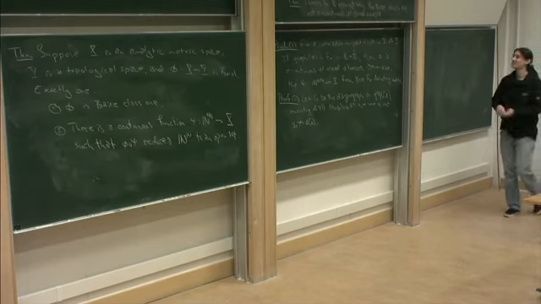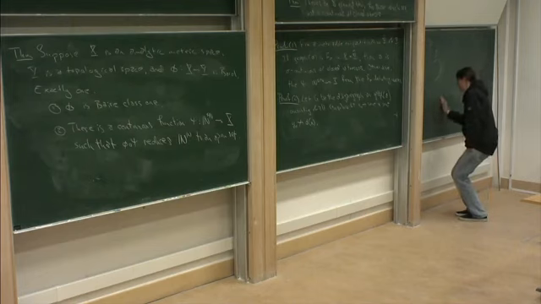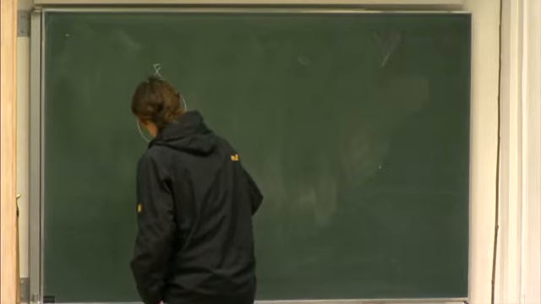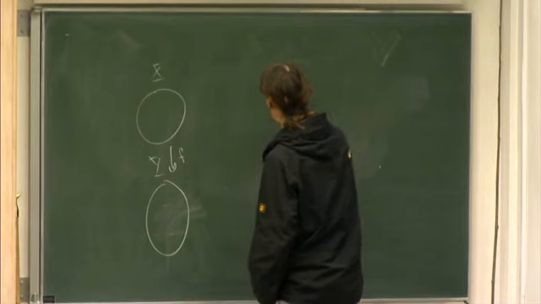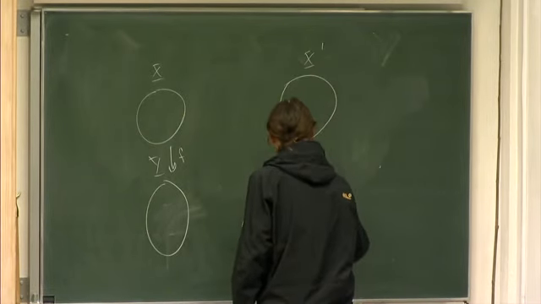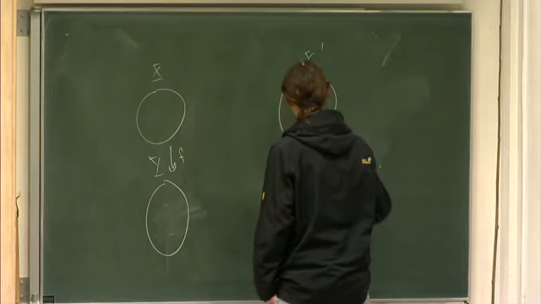That would make sense. So here's x, here's y. I didn't do that well at all, did I? Here's y, right? And here's your function f. And now you've got x prime, y prime, and a function f prime.